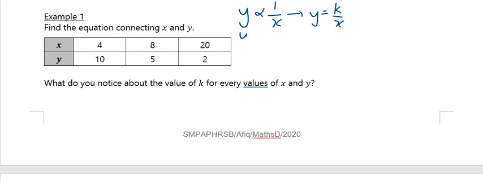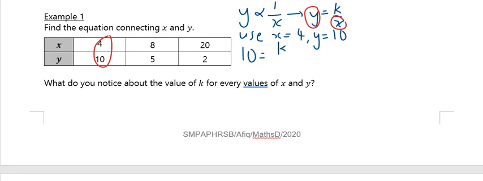Now let's use x equals 4, y equals 10. You substitute the values here, so y equals 10 equals k over 4. So 4 will be multiplied into 10, and you will have k equals 40. Therefore, your equation connecting x and y is y equals 40 over x.